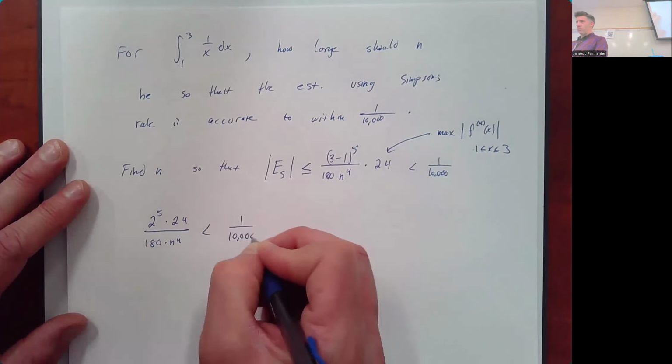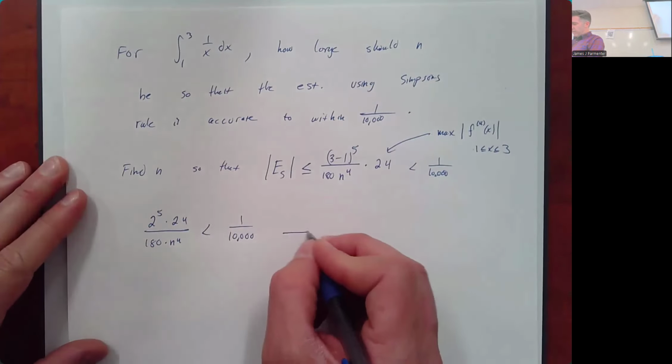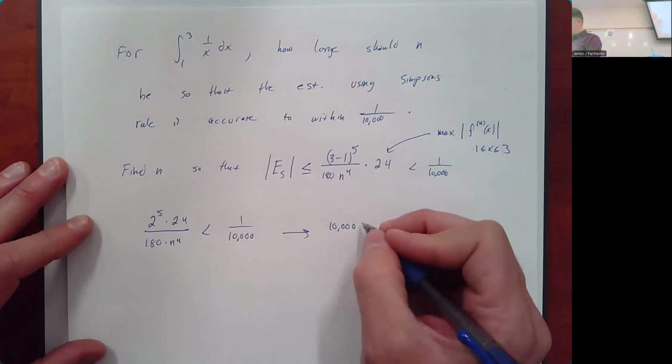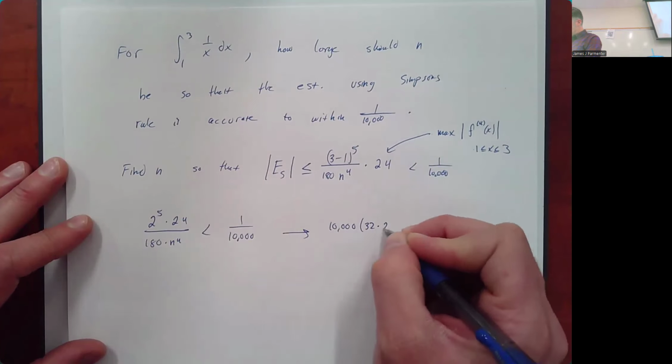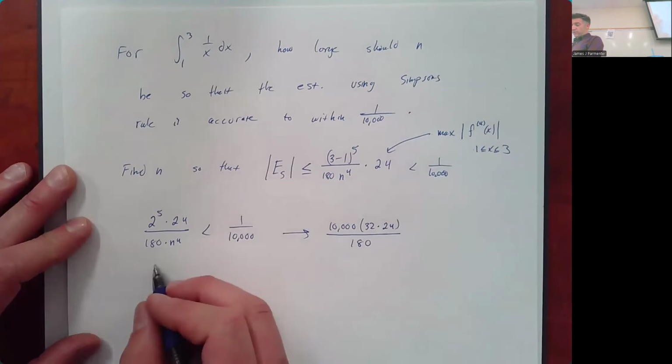I guess I'll try to be a little bit smarter this time. I'm going to multiply both sides by 10,000 and get 10,000 times 2 to the 5th, which is 32, times 24, but I'm going to leave the 180 in the denominator there. And then I'm also going to multiply both sides by n to the 4th.